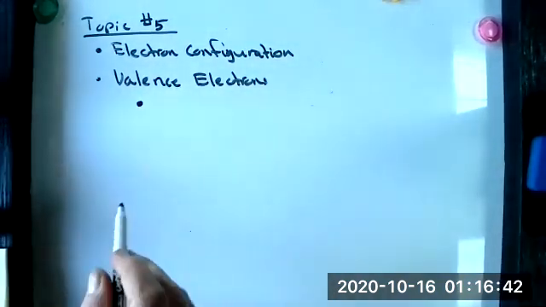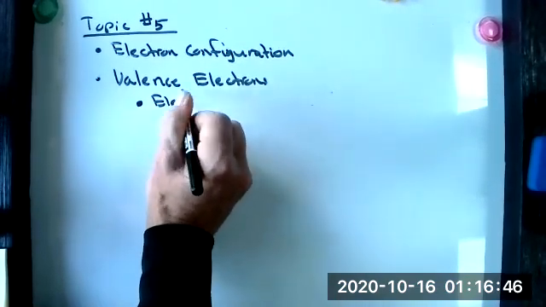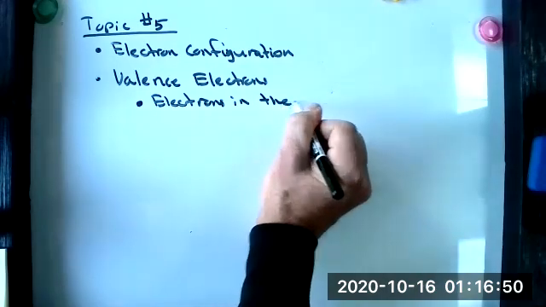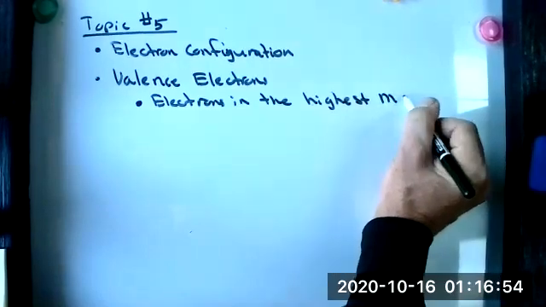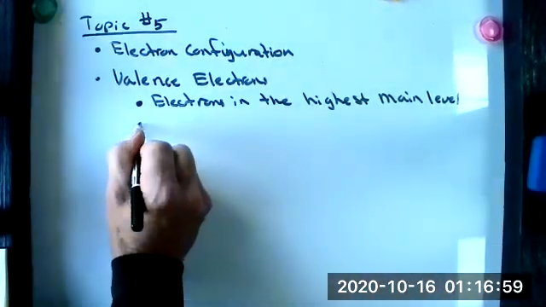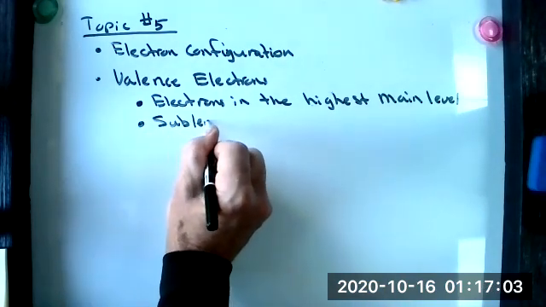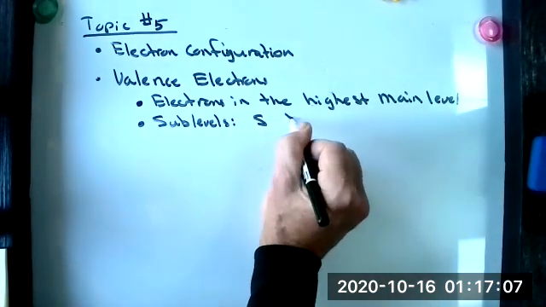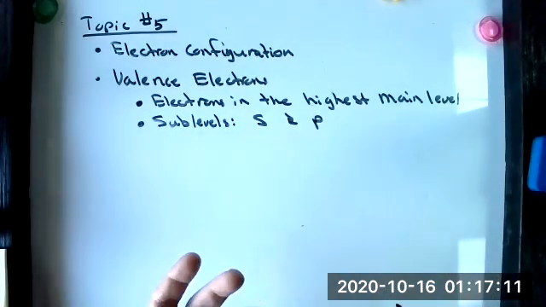I told you last time that these are the electrons in the highest main level. I also told you that when it comes to the sublevels that are used for valence, you only have to use S and P. And I showed you why D is never part of that.